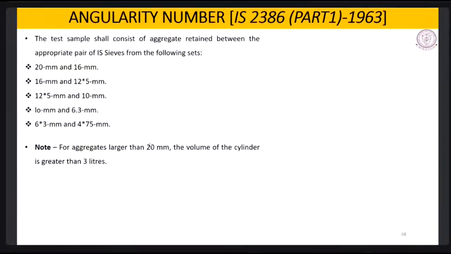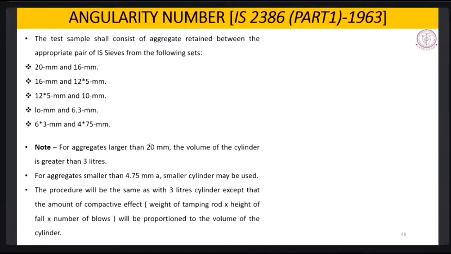You will need a larger cylinder, and similarly for smaller aggregates, we need a smaller cylinder. But the procedure will be the same. The difference is the amount of compactive effort. When we compact a sample, it depends on 3 major factors. If the tamping rod has different weights, it gives different compaction.